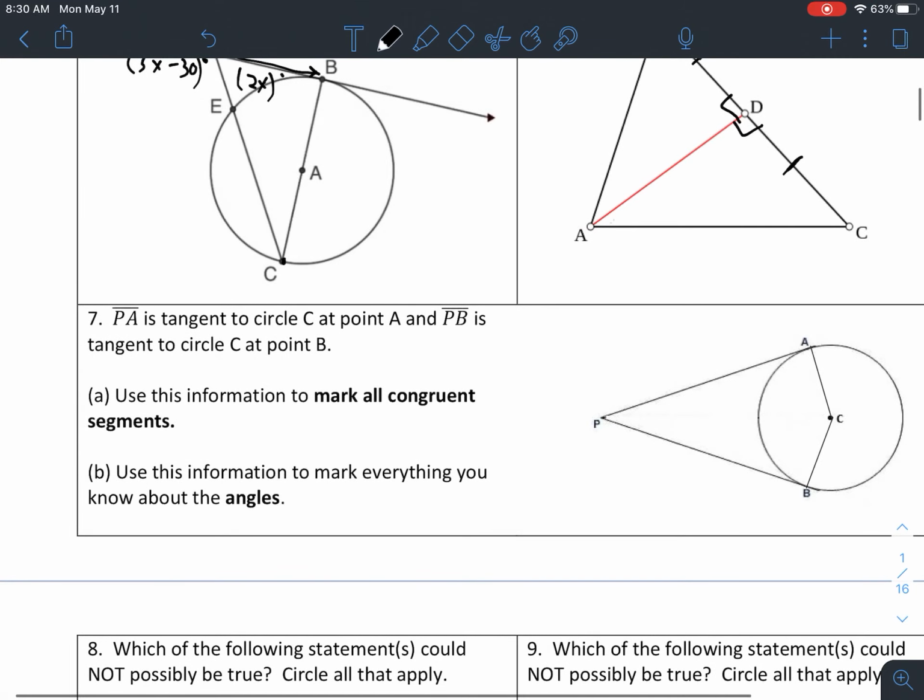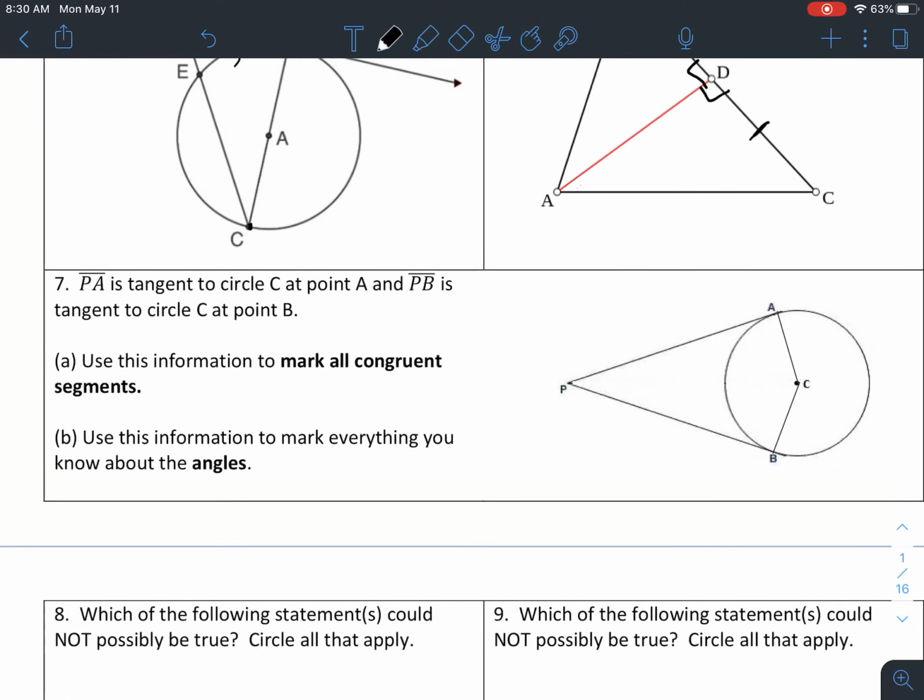Now this is getting a little bit more. PA is tangent to circle C at point A, and PB is tangent to circle C at point B. Use this information to mark all congruent, so the same segments.